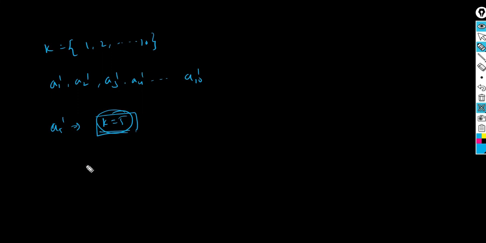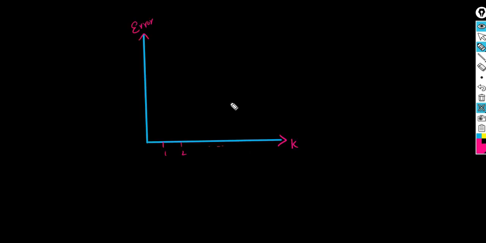Now let us see how the error is going to change when we change the k value. For that we are going to plot it. Let's see that one. Here we can see the x coordinate is the k value, that means the number of neighbors we will consider, and the error that we will get.